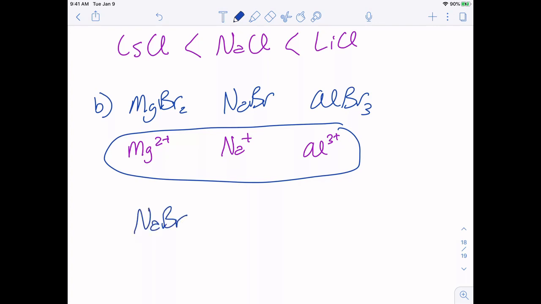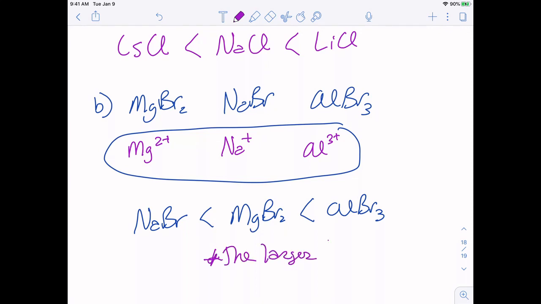So sodium bromide is going to have a smaller lattice energy than magnesium bromide, which will have a smaller lattice energy than aluminum bromide. So our size trend on this, or sorry, our charge trend, right? The larger the charge, the larger the lattice energy.